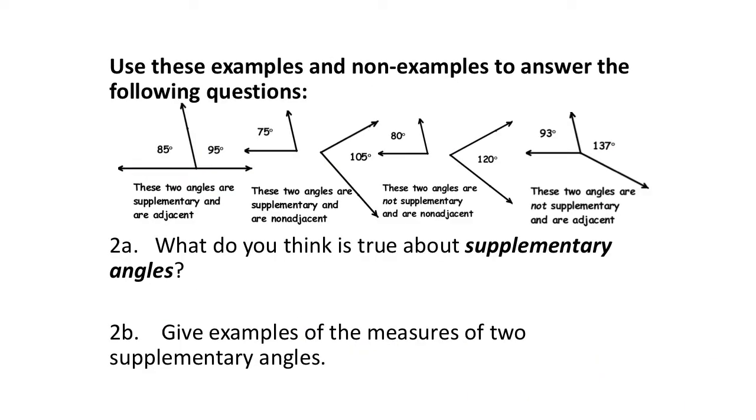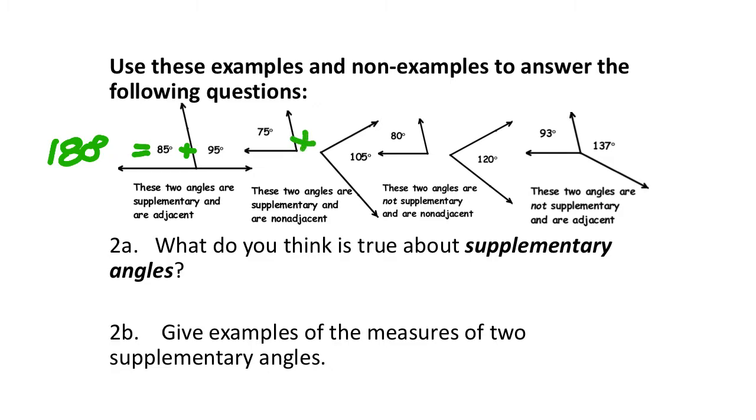So here is another vocabulary word for us, supplementary. If you look at these first two examples, then we've got two non-examples. Again, you'll notice the same thing. Like if you took 85 degrees and 95 degrees and added them together, you would get 180 degrees. And we've seen the uniqueness of 180 degrees on the protractor example for the bell work.